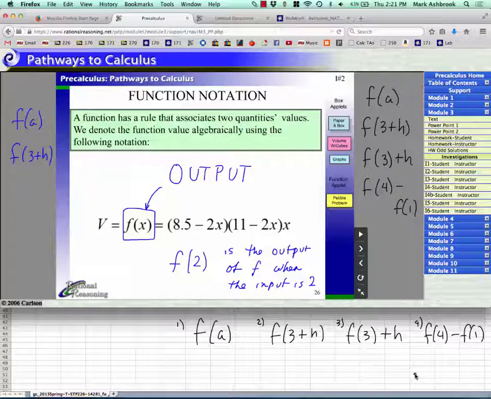What do these mean? Okay, what are they? Talk about them.